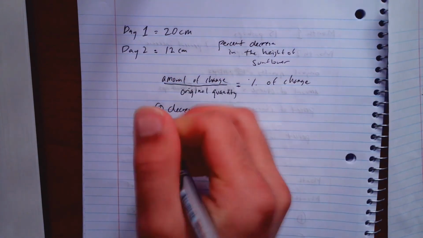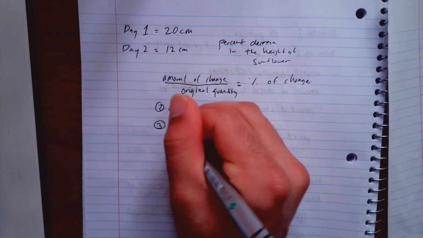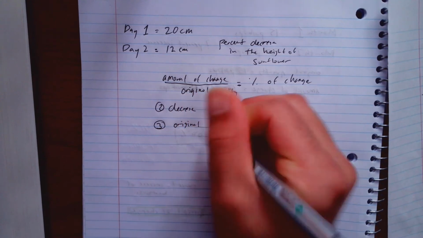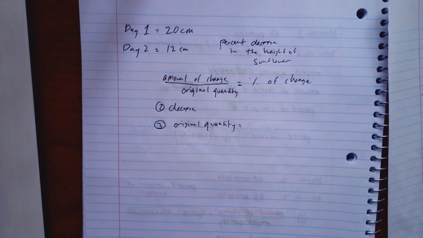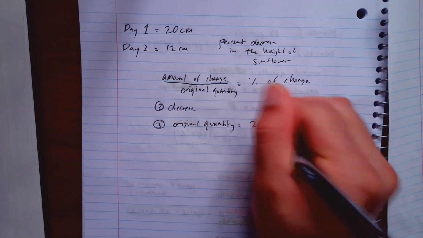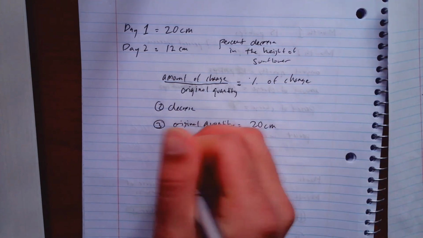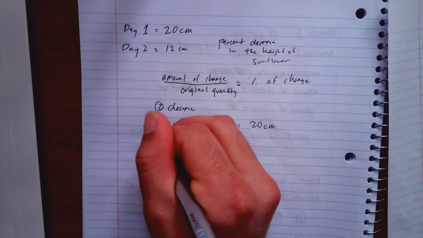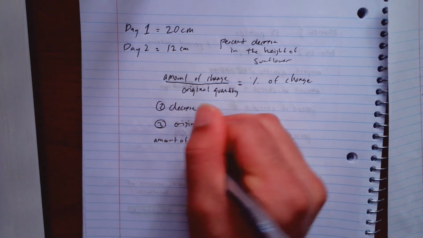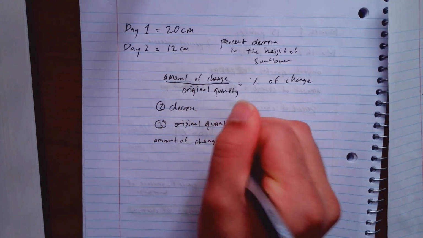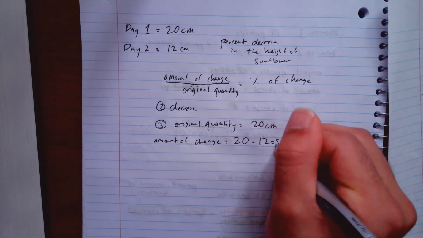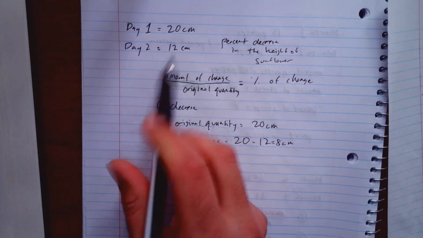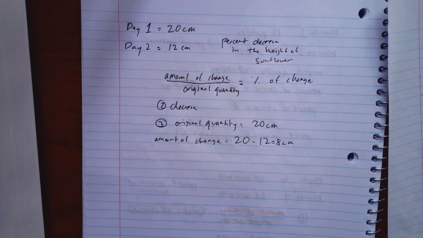Okay, so in this case, what's our original quantity? And our amount of change? Right, we always do our bigger number minus our smaller number. Always, if it's increase or decrease, doesn't matter.